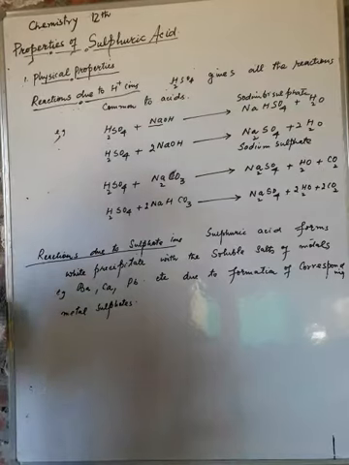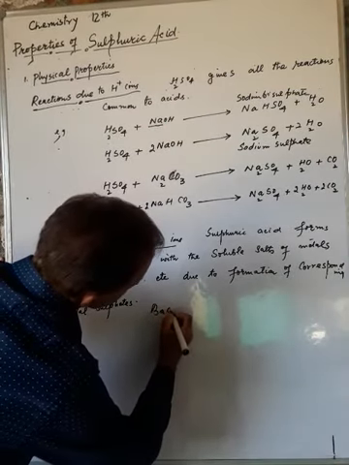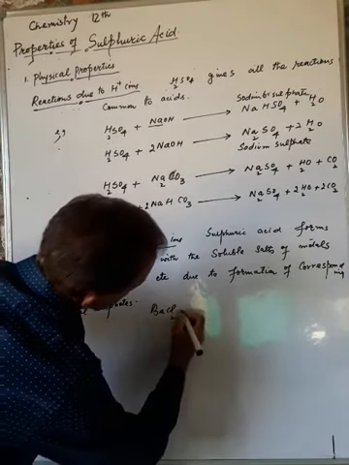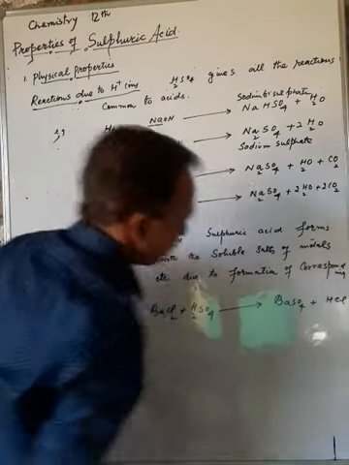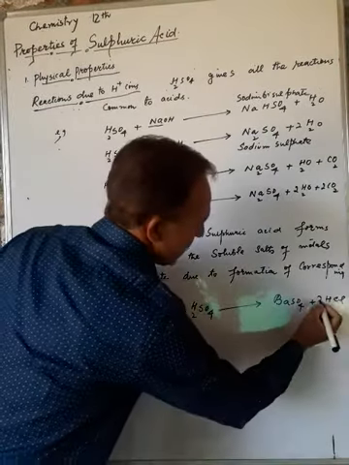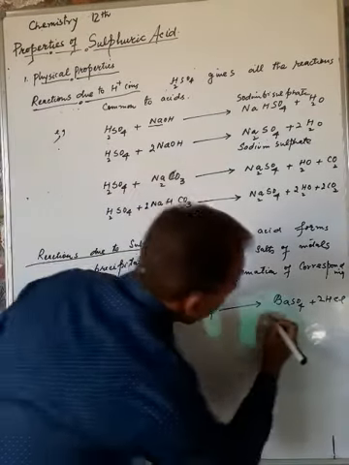For example, if we take barium chloride, BaCl2, it reacts with H2SO4, it forms barium sulfate BaSO4 and the acid HCl twice is formed. The white precipitate of barium sulfate is formed.